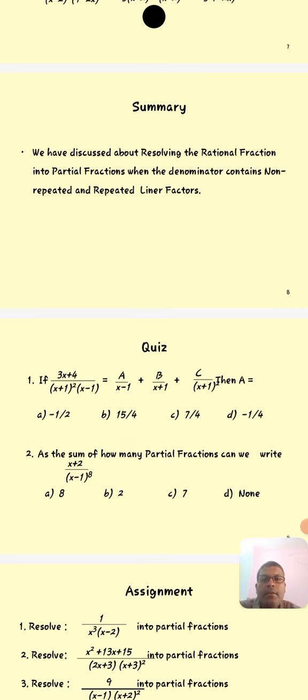The next step we take the LCM and the denominator will be cancelled. After that we write the simplified equation using the substitution method. We get the a value. Here the 4 options are available. A is minus 1 by 2, b is 15 by 4, c is 7 by 4 and d is minus 1 by 4. Here what is the suitable answer? You have to choose and find out the a value.